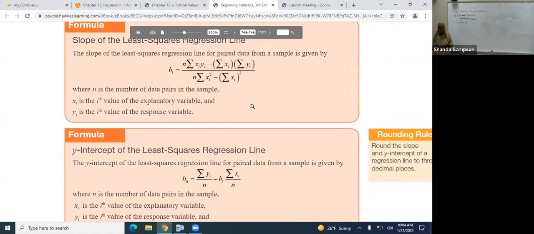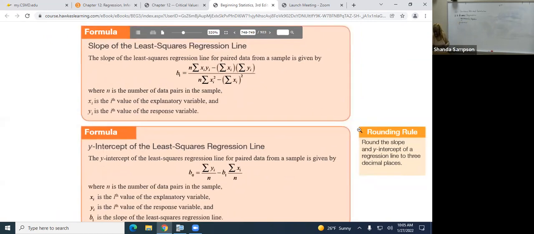The top one is the formula for the slope and the bottom one is the formula for the intercept. That's what the programmer of your calculator did. They programmed that formula into the calculator so that it can spit out the formula that we're looking for.